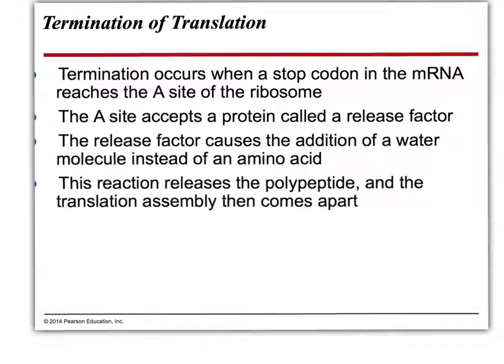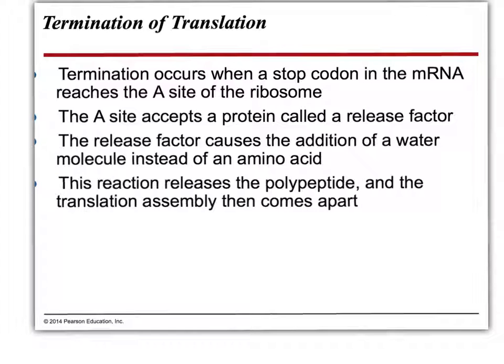So instead of accepting a tRNA that's going to match up anticodon-codon, it accepts what's called a release factor. Another protein comes in, there's going to be an interaction with water, and it's going to cause the polypeptide, the two subunits of the ribosome and the RNA to separate.